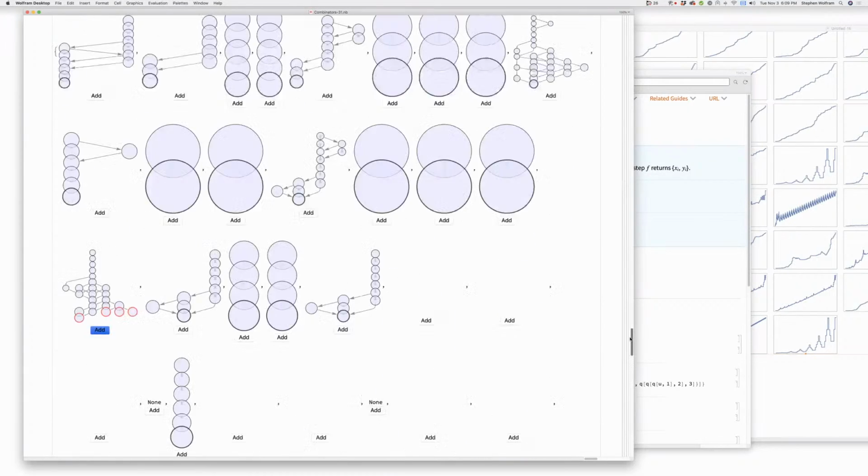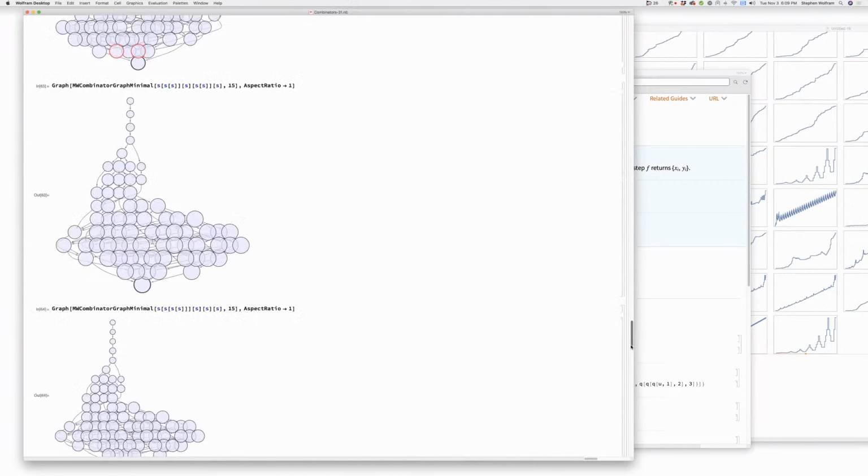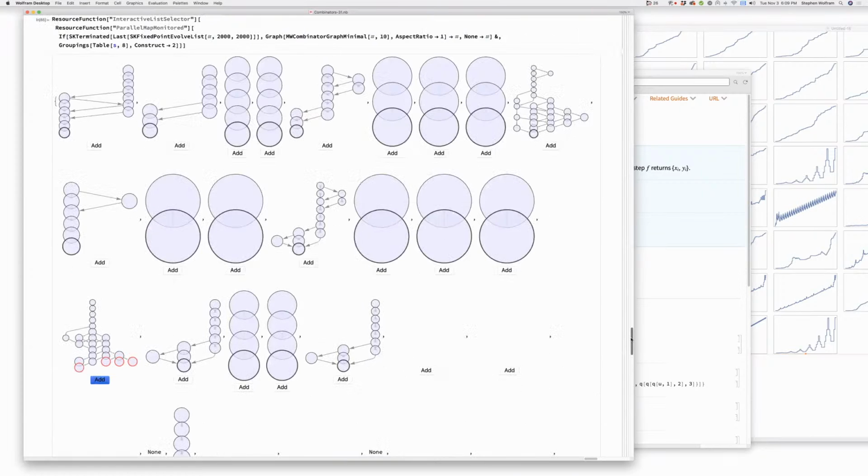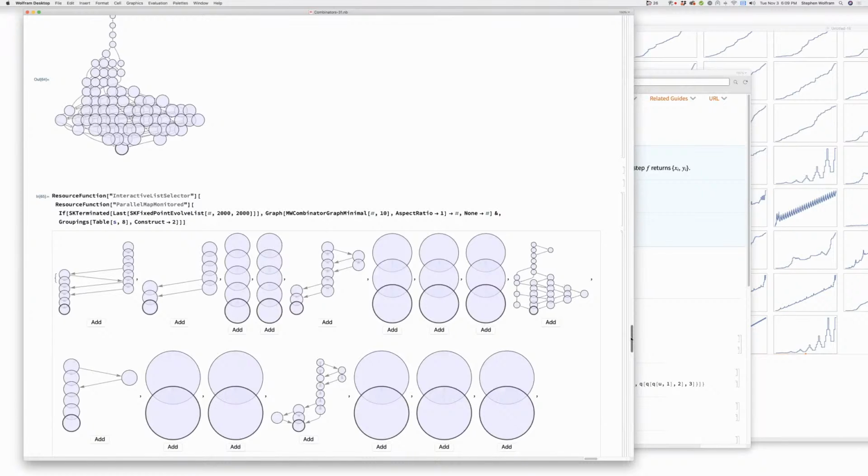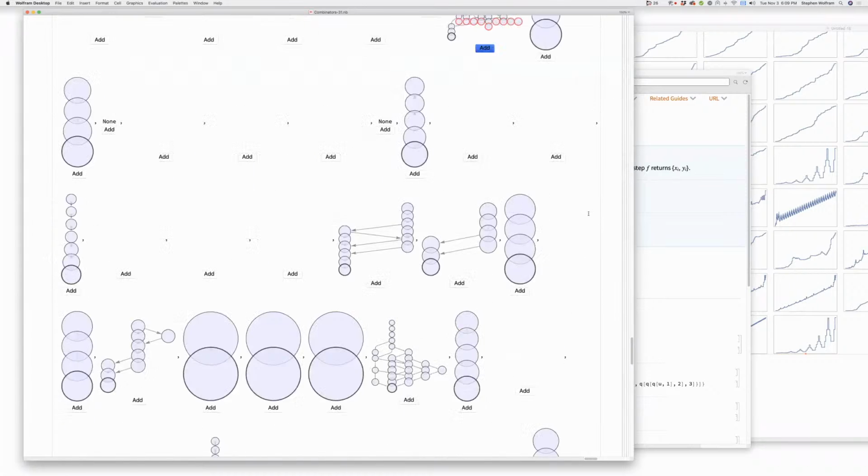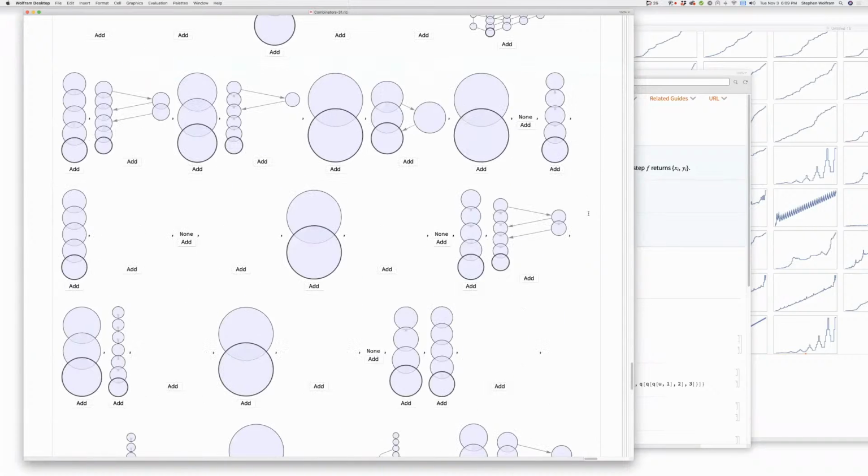Where is it? Okay, so in this case here, what I want to do is, well, I can just do the 9 case, but I don't want to be looking at them all.